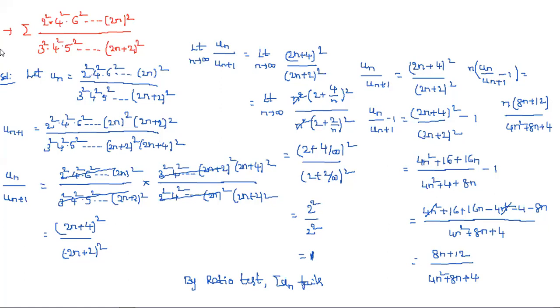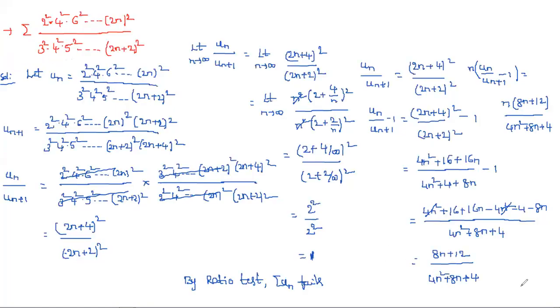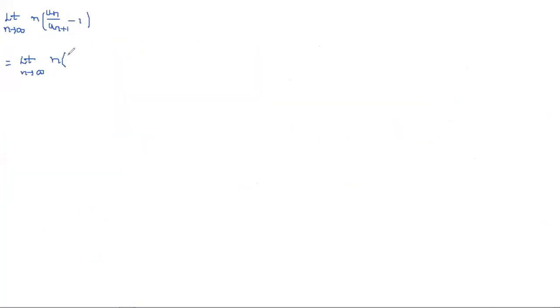So limit n tends to infinity of n into un by un plus 1 minus 1 is equal to limit n tends to infinity of n into, what we got there, 8n plus 12 by the denominator 4n square plus 8n plus 4.